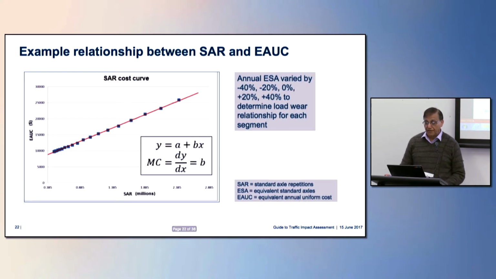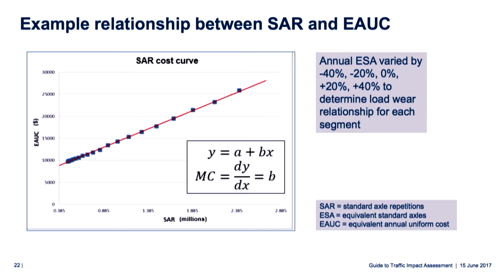In the EAUC calculation, there are a number of things we need to know. It's SAR, which is standard axle repetitions, equivalent standard axles. Those are used in conjunction with the pavement material, and then the model is developed. This graph shows the relationship between SAR and EAUC, the equivalent annual uniform cost.